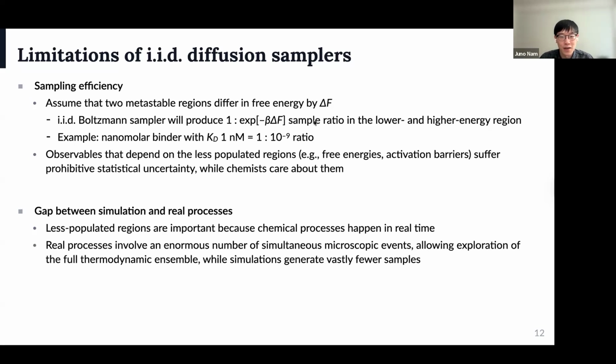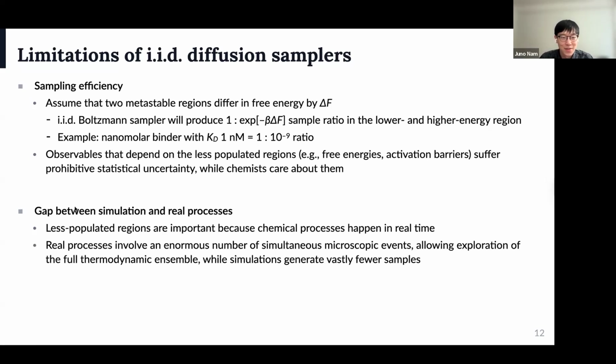But for chemistry applications, we want to reproduce those physical observables that also rely on the less populated regions. The main cause of this is the gap between what we can simulate and what happens in reality.